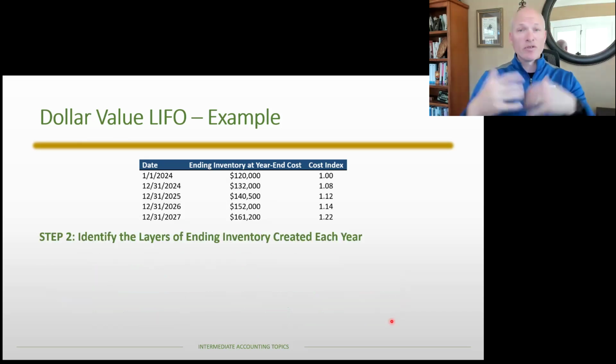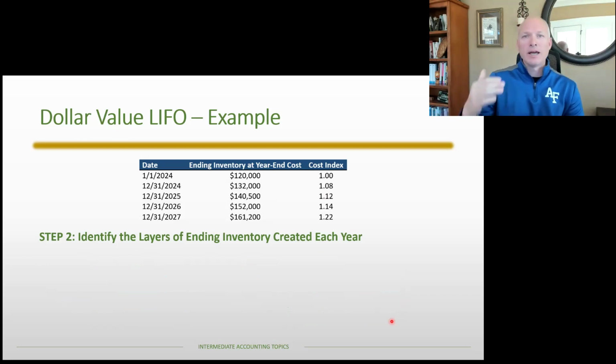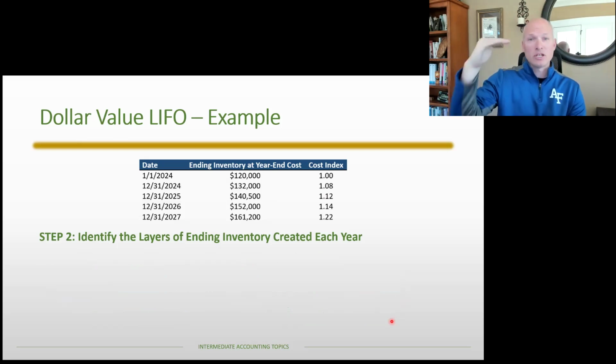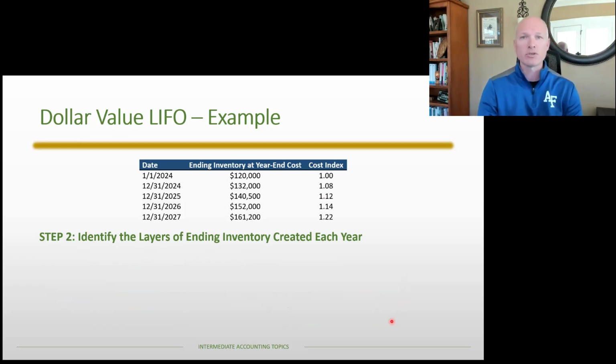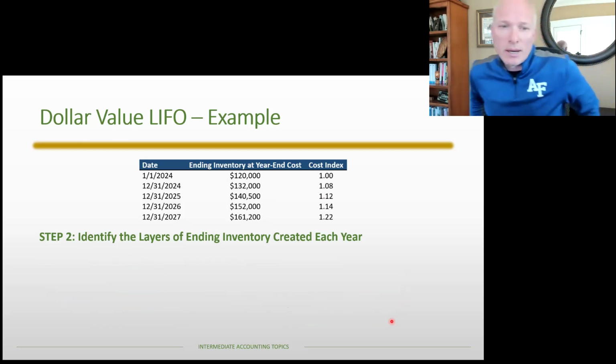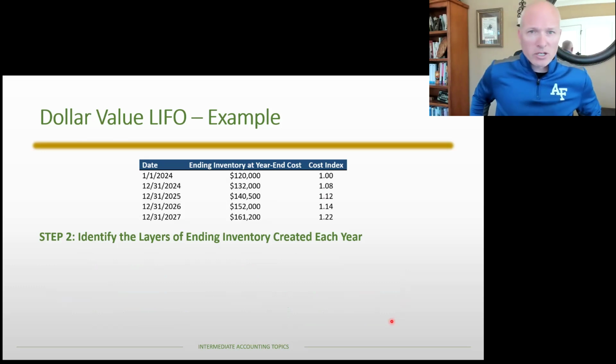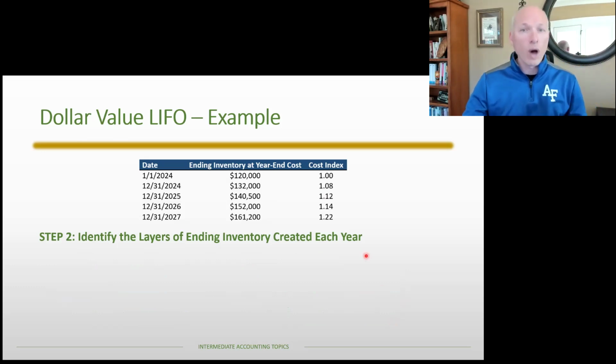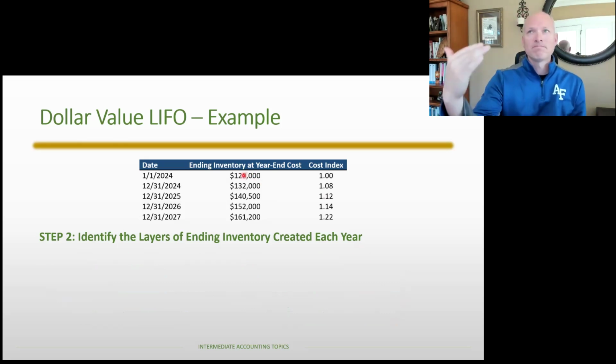Step two then is sort of like the math that maybe you intuitively already kind of saw. Let's quantify, in base year costs, how much we added for every single one of those layers. Now, just because I think it's an important thought exercise, while we're going to figure out what that layer is, we're also going to ask, how do we get from this 120,000 to 132?